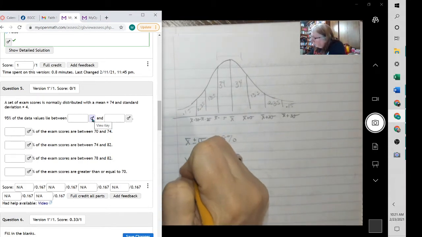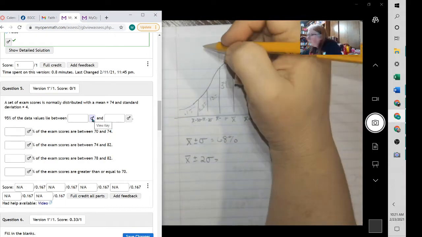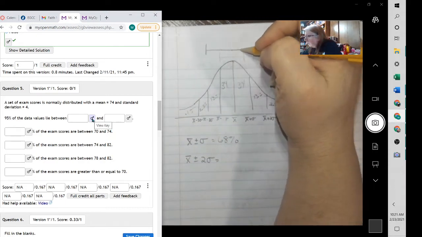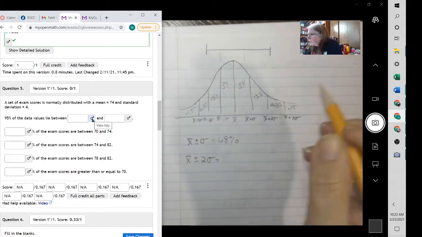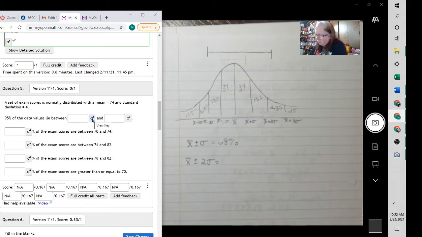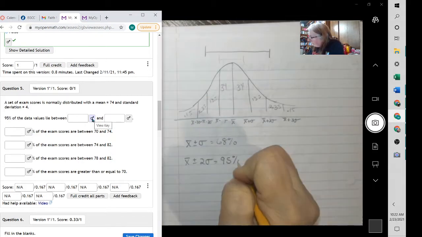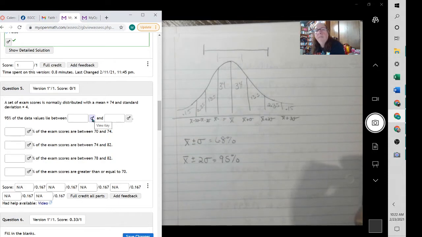And then plus or minus 2 standard deviations, that would go from here to here. So it would be the 13.5s plus the 34s, which is 95% of the data.